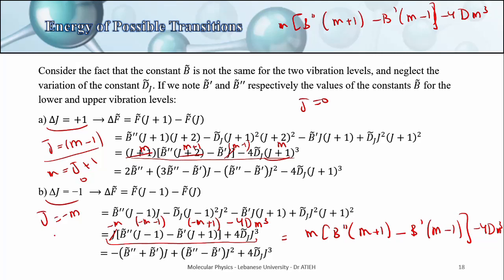Now for the P branch, J is equal to minus M, or M equals minus J. The first possible value for J is 1, so in this case the values of M will be minus 1, minus 2, minus 3, minus 4, which gives us the P branch. So this is the difference between R branch and P branch.